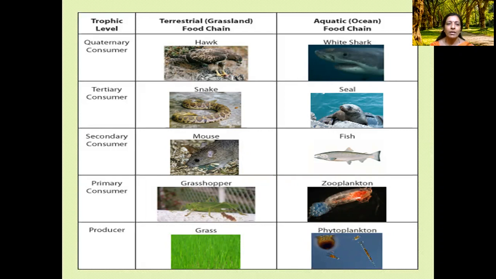At the third trophic level, you have the secondary consumers who eat other living organisms, which may be both plants and animals. Then at the fourth trophic level, you have the tertiary consumers who eat the carnivores or the animal secondary consumers. And then you have the topmost predators, which are the quaternary consumers.